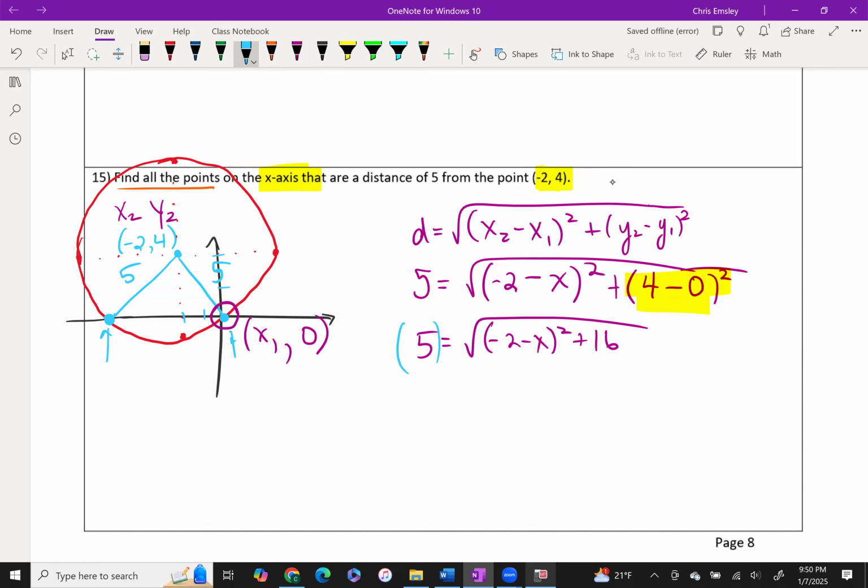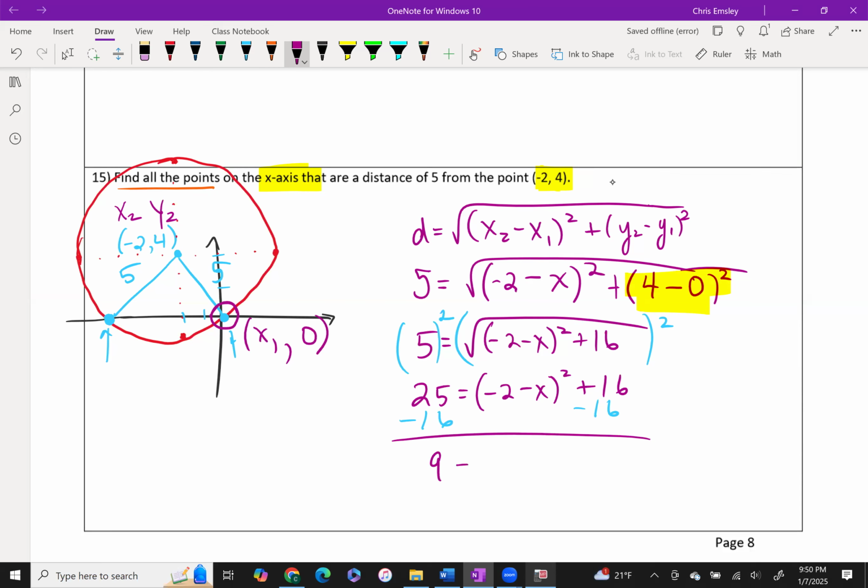When I'm solving equations, to clear a radical, I need to square both sides of that equation. So 5 squared is 25, and now the radical's gone. I'm trying to get at that x. So next, how about we move that 16 over? 25 minus 16 is 9.